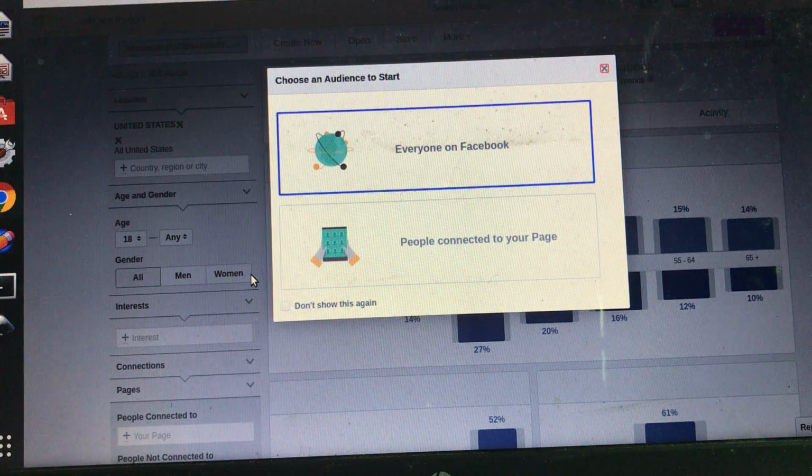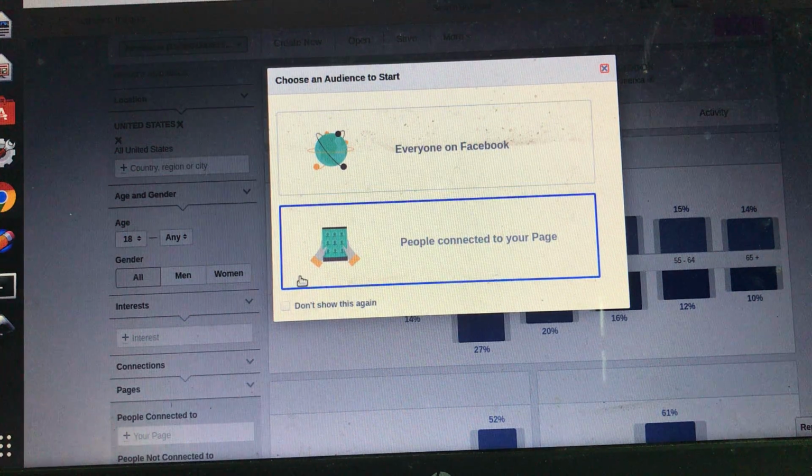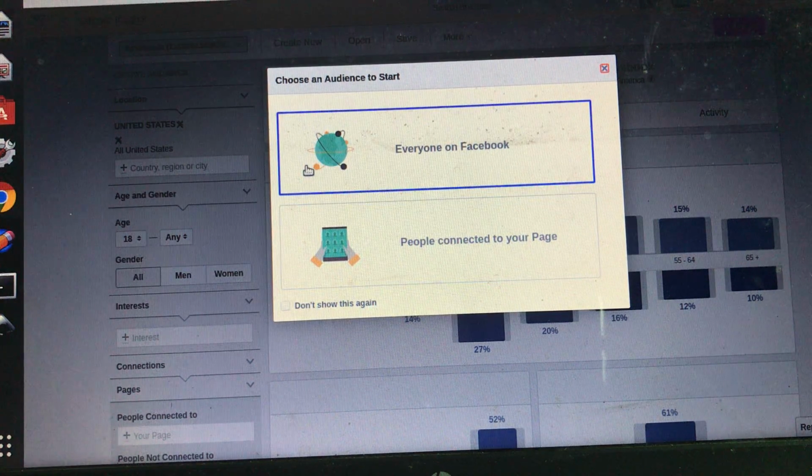So now, if you are going to check who your audience are, you cannot say you want to connect with people who are probably on your page if you don't have enough followers, you get. So we are going to start with everyone on Facebook, and when we do that, we will narrow it down to people in our location alone.